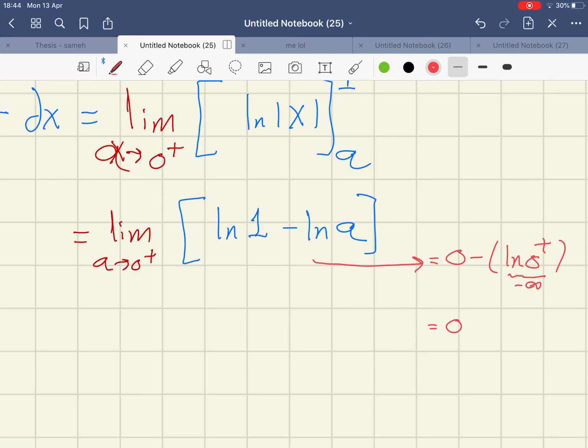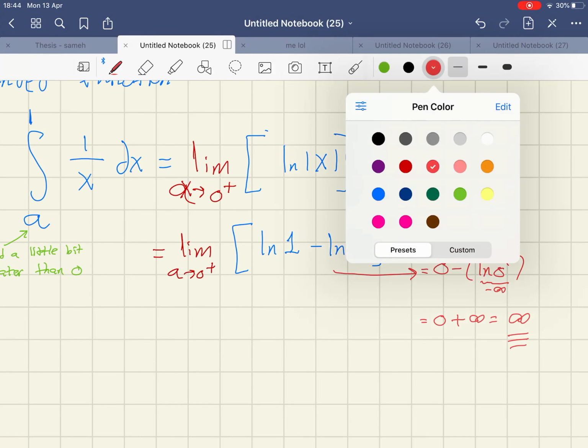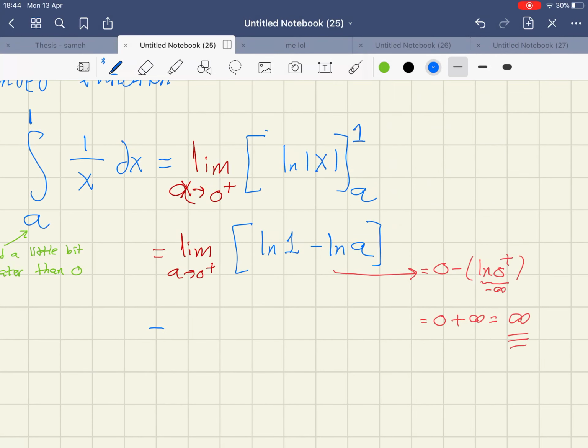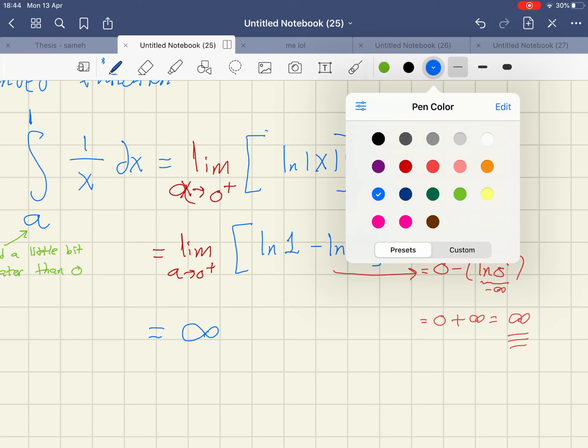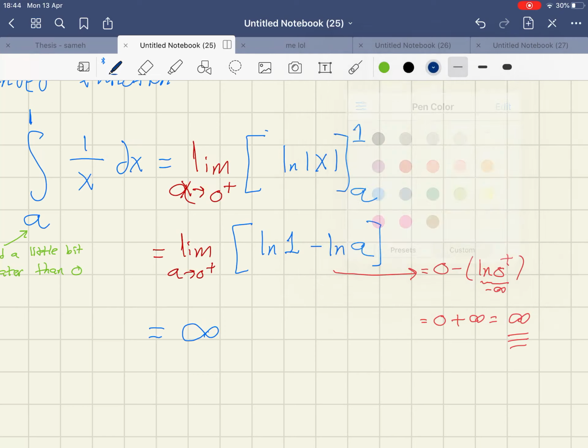So the final answer will be 0 plus infinity, and the final answer is just infinity. And if we say the answer is infinity, it means the integral diverges.